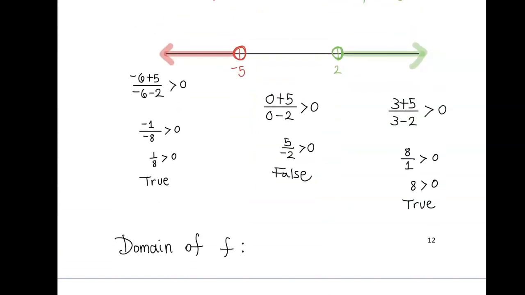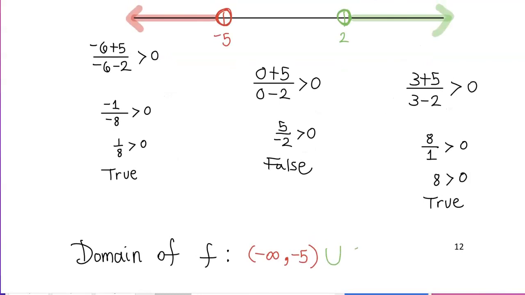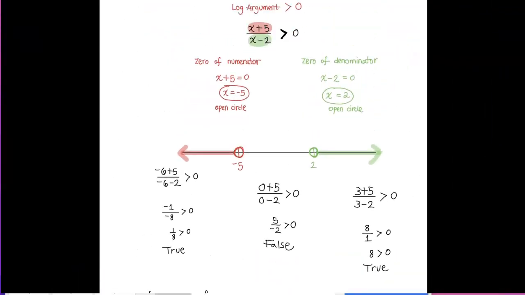The interval to the left of negative 5: I'm going to say negative infinity to negative 5. Both use regular parentheses, no square brackets, okay? Union symbol. Draw the U there. From 2 to positive infinity. So that's it for the domain of this log function, f of x.